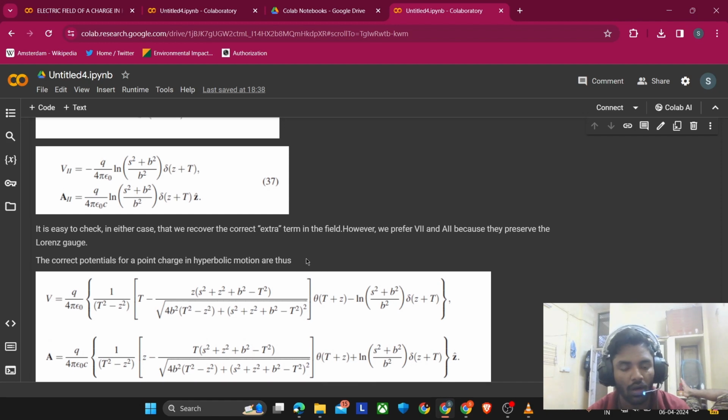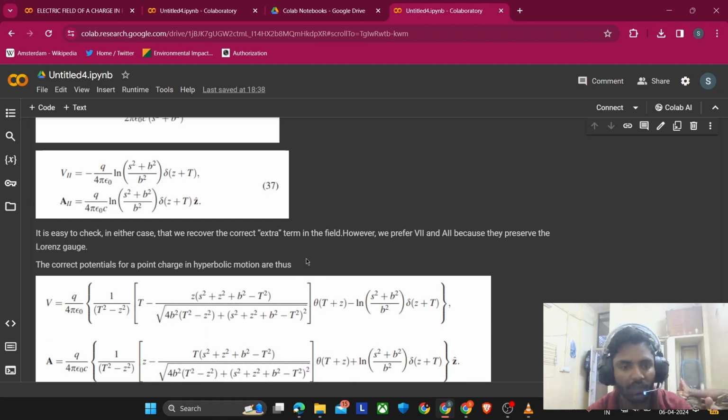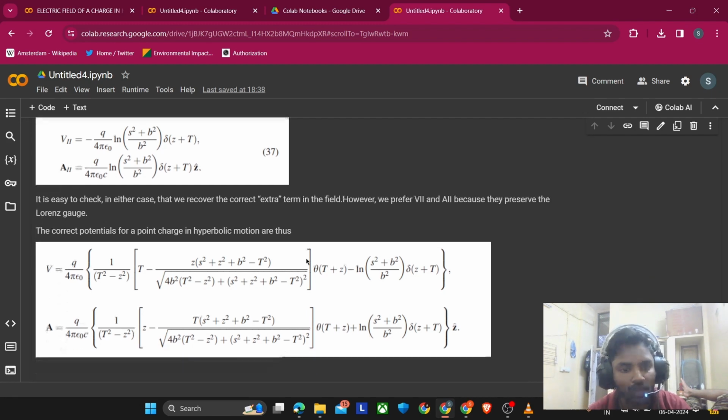Comparing both the electric field equation and this equation, if we add this term, then we get the potentials V and A which satisfy the electric field equation. Equation 37 preserves the Lorentz gauge, so if we add these terms we get the exact electric field, and equation 37 satisfies those conditions.